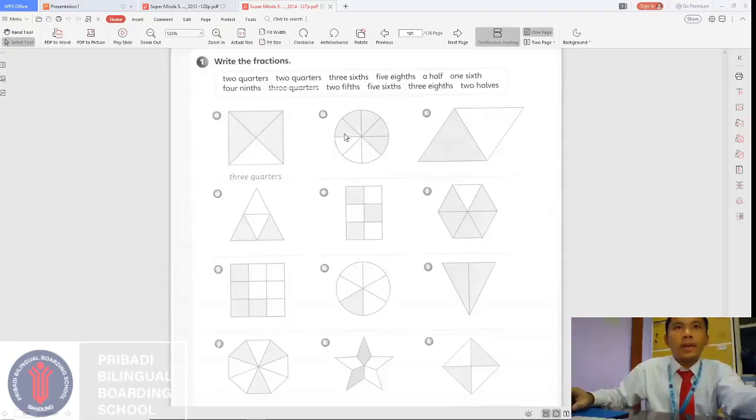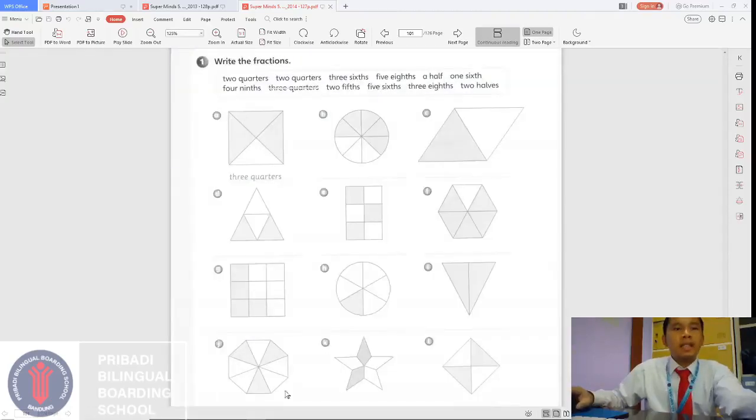Okay, part B, picture B: we count the shaded parts 1, 2, 3, 4, 5. There are 5, and we count the denominator, the whole, 1, 2, 3, 4, 5, 6, 7, 8. So 5/8.